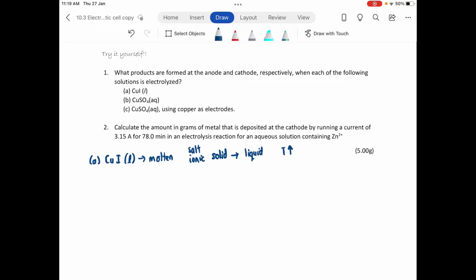Okay. So what happen is when we have molten salt is that there is no presence of water. Okay, tak ada kehadiran water. Dia cair tu dia jadi liquid tu sebab kita cairkan dia, kita panaskan dia. So bukannya kita larut dalam water. So dia memang cair tu sebab kita panaskan dia. That means the ionic compound will be dissociated and becomes positively charged ion and negatively charged ion.